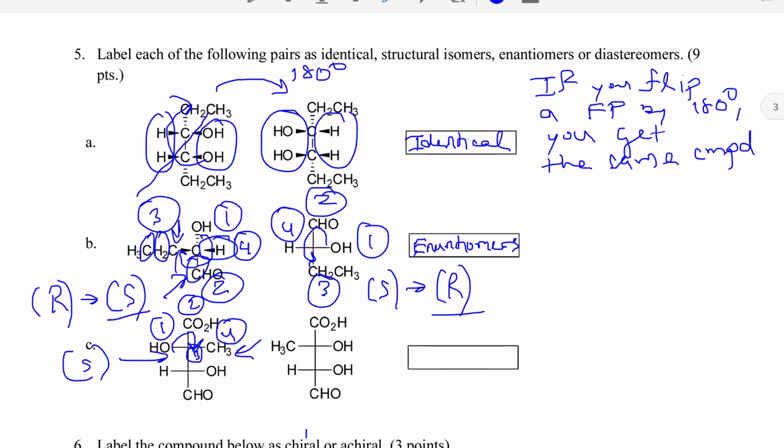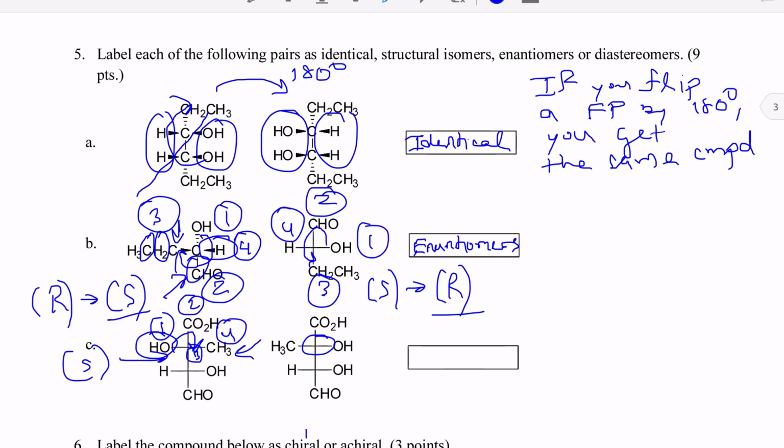And when we look at the top stereocenter for the compound on the right, we see something interesting. The methyl group and the hydroxyl group actually just flip places, right? So the methyl group goes to the left and the hydroxyl group goes to the right.